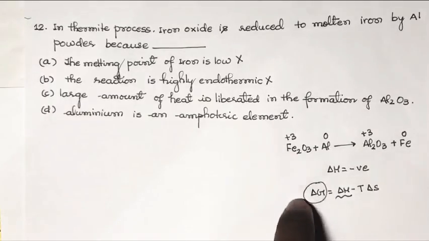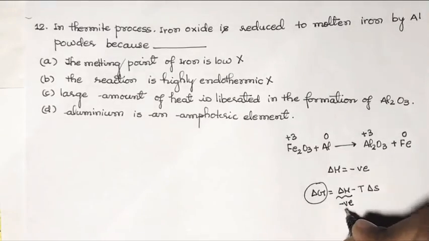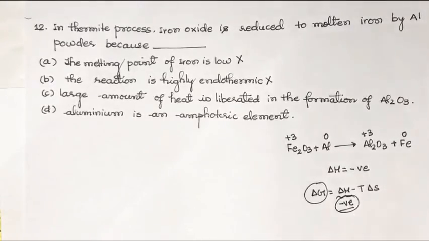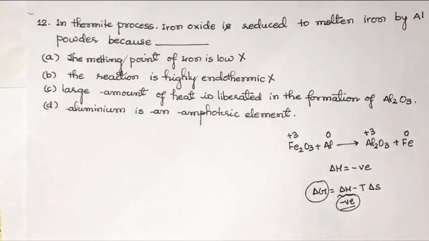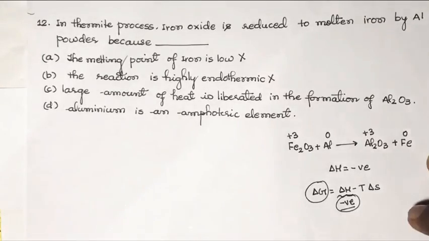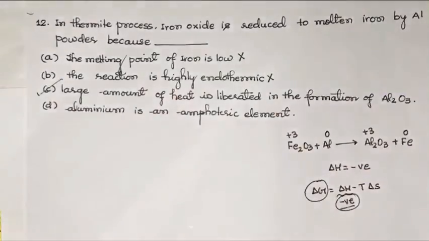For a highly spontaneous reaction this should be highly negative, and this is also very highly negative, so this reaction is highly spontaneous. That is explosive. So a large amount of heat is liberated in the formation of Al2O3. This is absolutely correct because this is highly exothermic.